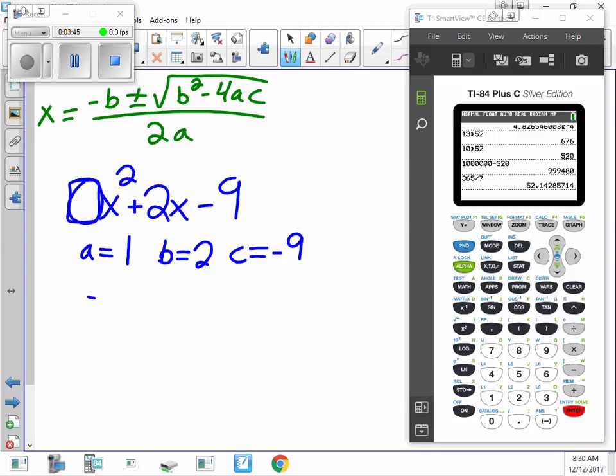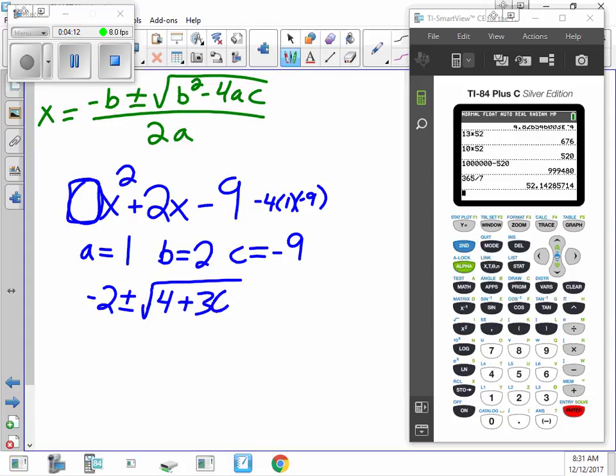I put them in the formula. Negative B is negative 2 plus or minus, and I recommend that you just square it. Square B and then put it in here. So we would just say 2 times 2 is 4. And then off to the side, I would write negative 4 times A, which is 1, times C, which is negative 9. What does negative 4 times 1 times negative 9 equal? 36.